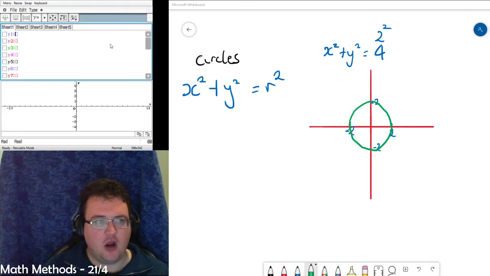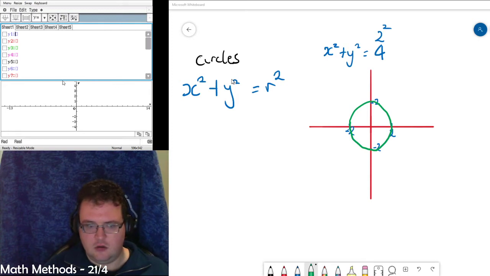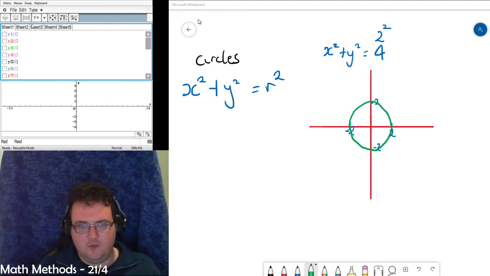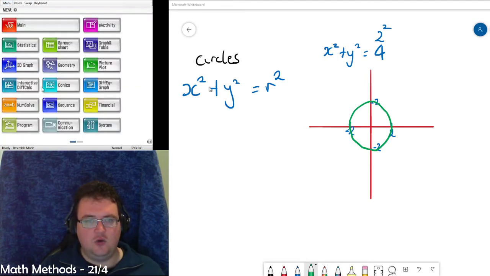If you remember, in the graphs and table section, everything is set up as y equals. You cannot do x plus y on the same side of your equation symbol. So what you're going to need to do is go into the conics section.